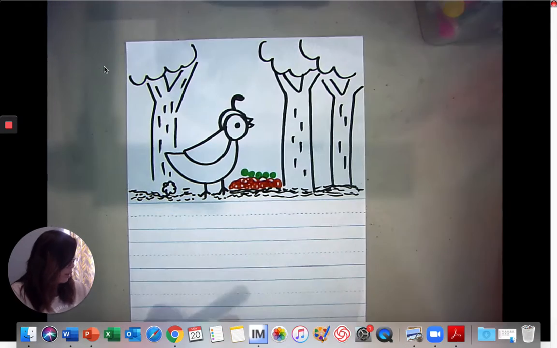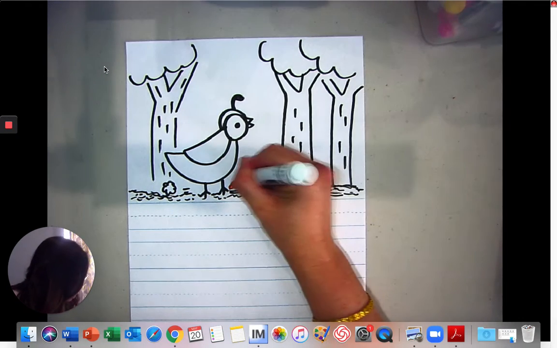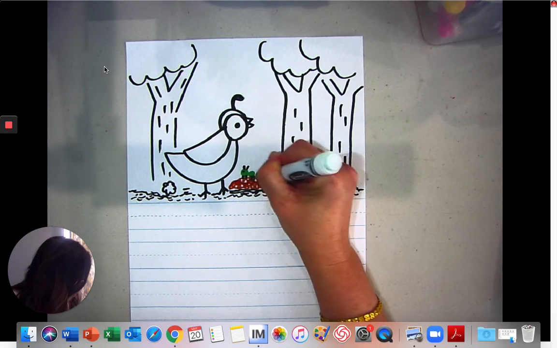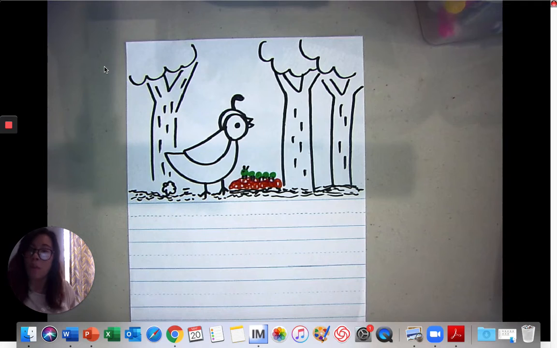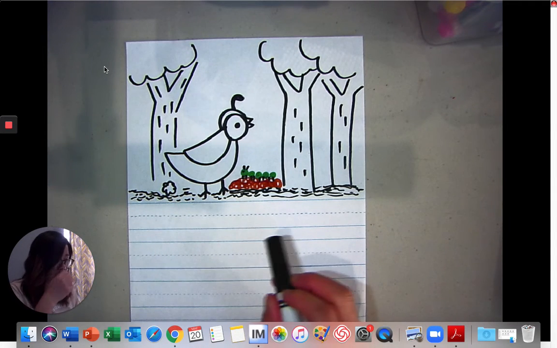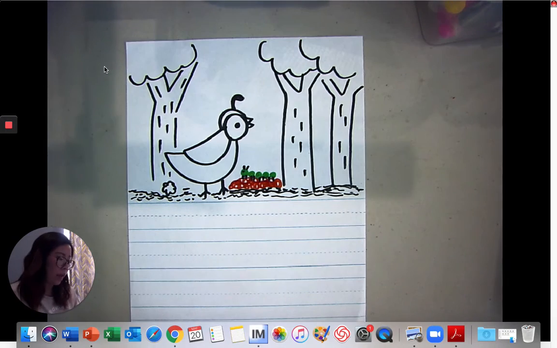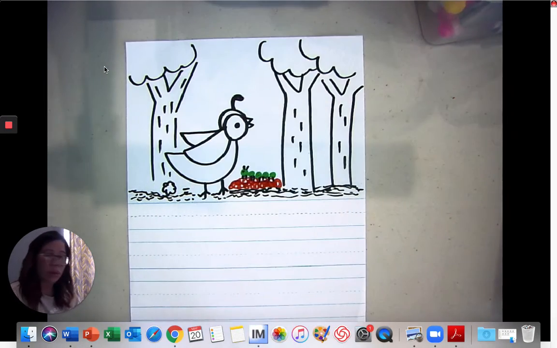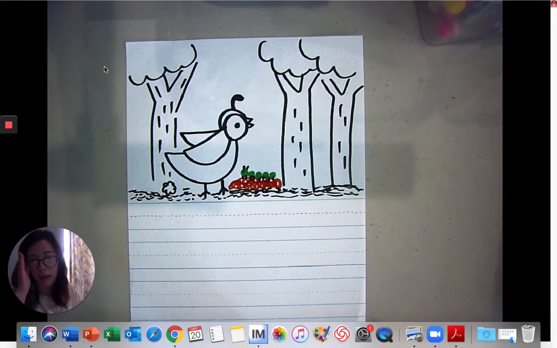So I'm going to draw a little worm here that the quail can pick up and slurp up and eat for lunch. Okay, so now that I have my picture done, maybe I'll draw another wing here to show that quails can flap. They talked about how it has wings in the video.